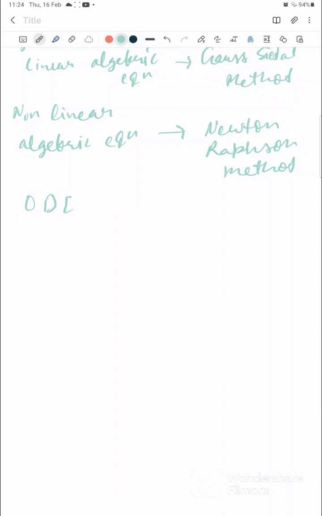Ordinary differential equations can be solved by the Runge-Kutta method.